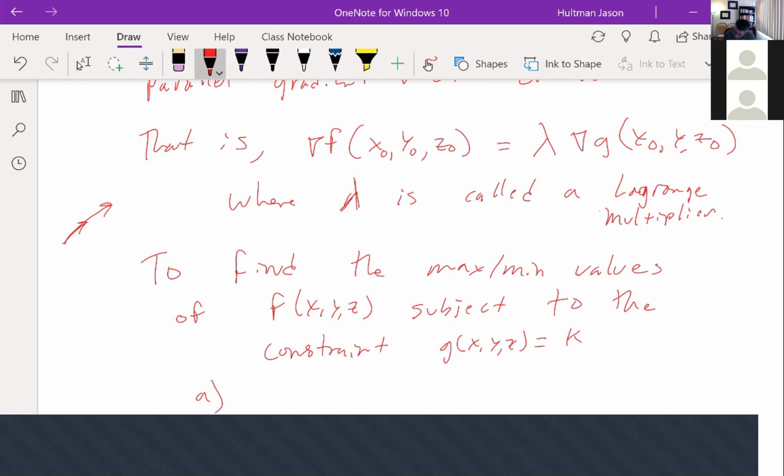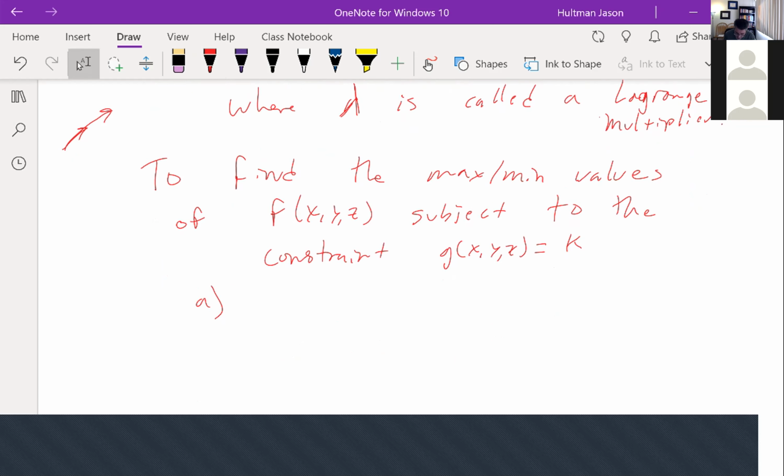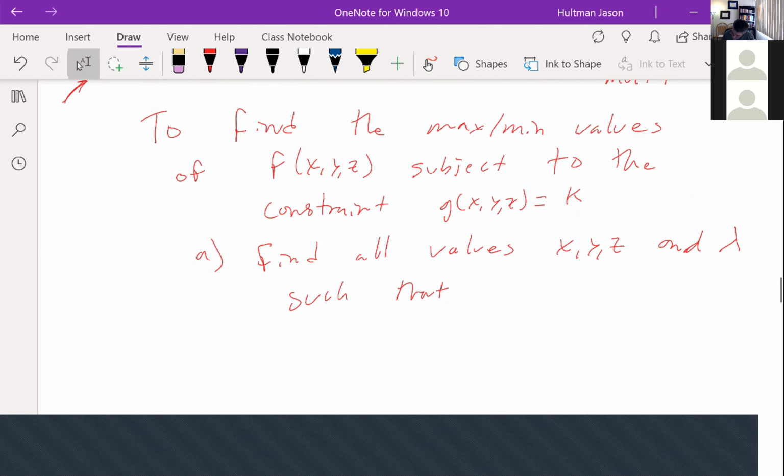Okay, here's step A. Find all values x, y, z and lambda such that the gradient of f of x, y, z is equal to lambda times the gradient of g of x, y, z, and it's subject to this constraint.